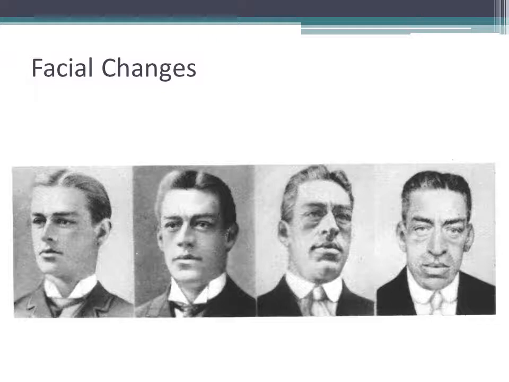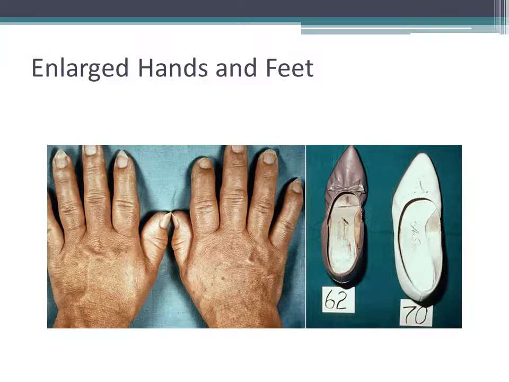Here is a picture of a young man over the years, and you can see the progression of acromegaly and the change in facial features associated with acromegaly before he was eventually diagnosed much later. Here is a picture of a woman with acromegaly, and you can see how big the hand is.